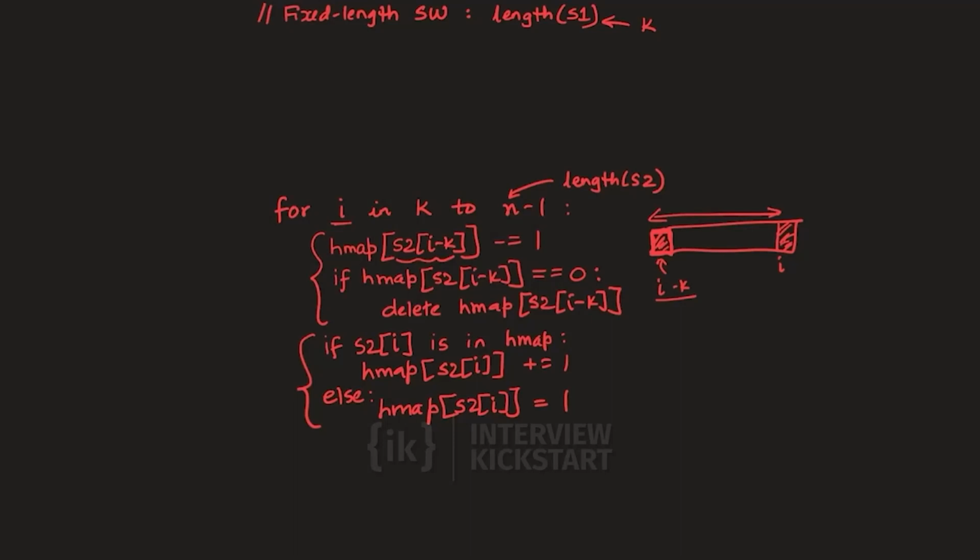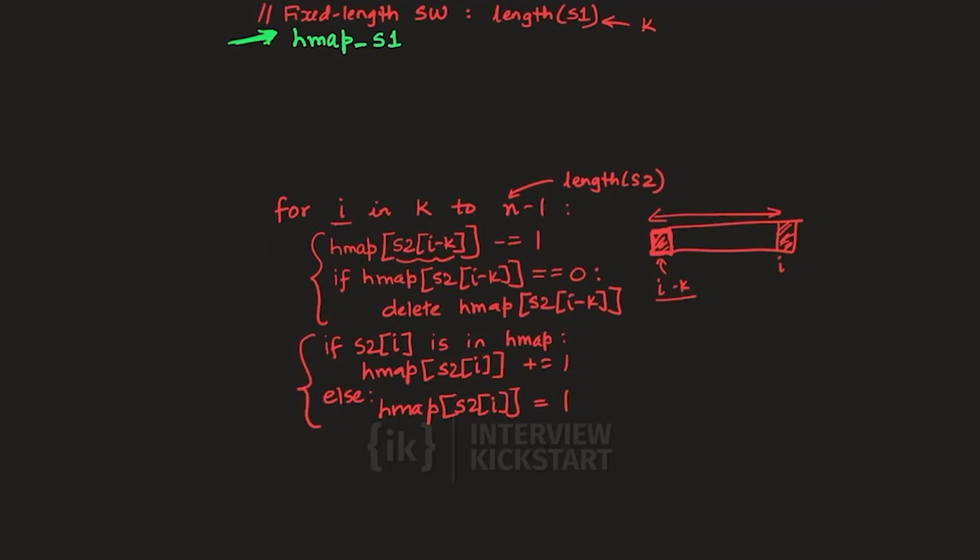Our frequency table inherited from our subordinate has been updated, and what we need to check now is whether this frequency table exactly matches the frequency table of the string S1. Now the frequency table of the string S1 should have been created in the initialization phase of our code. So I'm going to assume that it's already been done here, and let's say that the variable for it is hmap underscore s1.